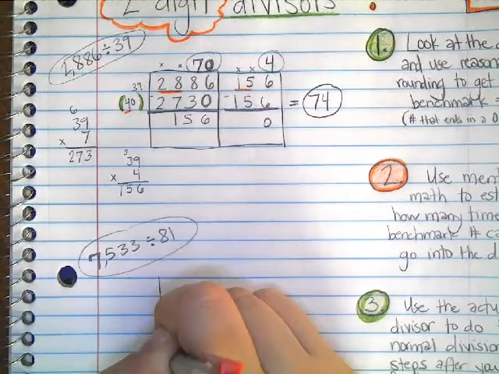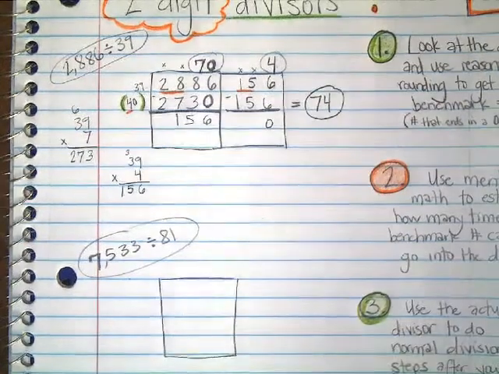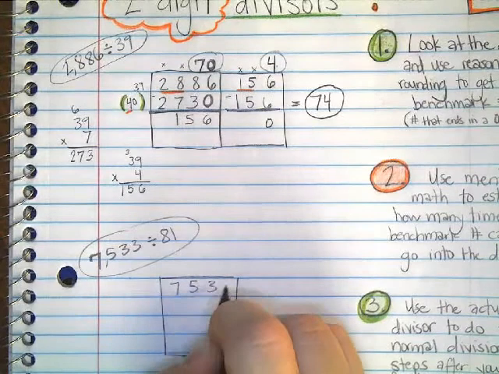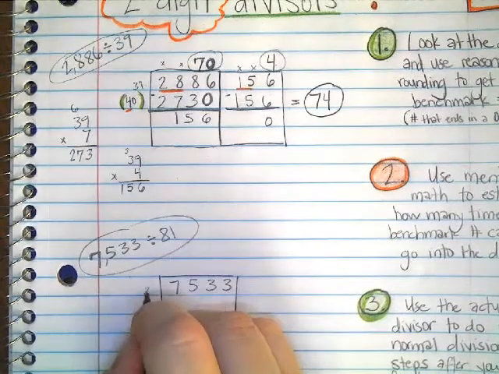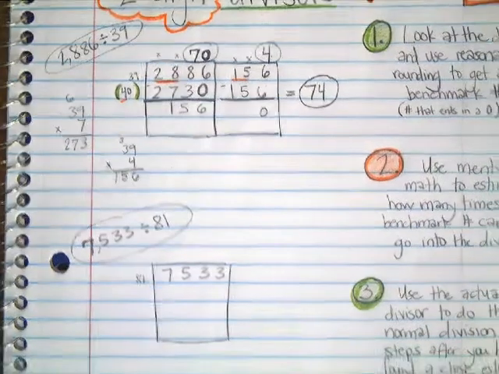Let's do this one in place value boxes again. Seven, 533 gets in the box.